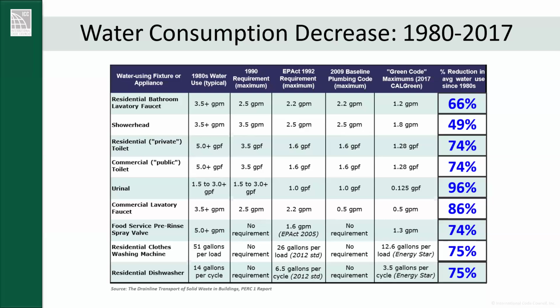Because of these significant reductions in consumption, water began to age in the pipes. Because the pipes were still the same size, the only thing changed was the faucets and the shower heads. So you're not getting as much water flowing through the pipes, so they're staying in the pipes.